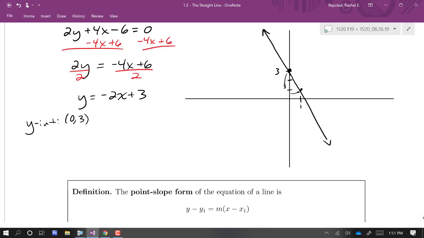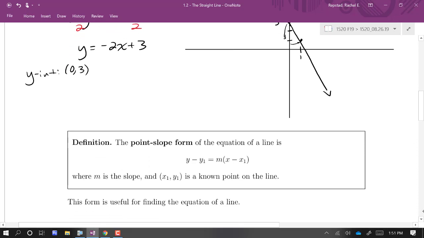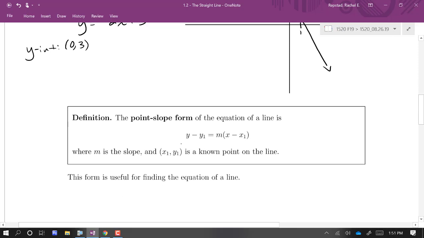The point-slope form of an equation looks like this. And I find it really convenient to use this if I were given some information and asked to find the equation itself. Because if I know the slope and I know any point that's on the line, then I have enough information to fill in this equation. This really comes from just the slope formula, right? So the slope formula is y2 minus y1 over x2 minus x1.